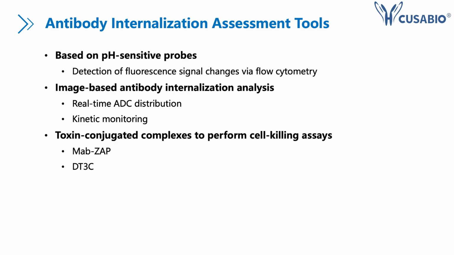The second one is a pretty direct observation of ADC distribution in the cells. It's an image-based tool. And the third one is toxin-conjugated: by performing a cell killing assay, we can indirectly assess the internalization. I will introduce them one by one.